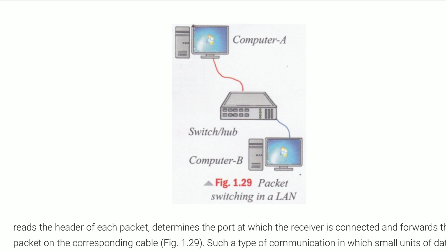Such a type of communication, in which small units of data or packets are routed through a network based on the destination address contained within each packet, is called packet switching.